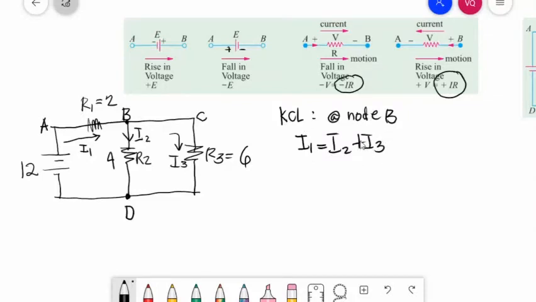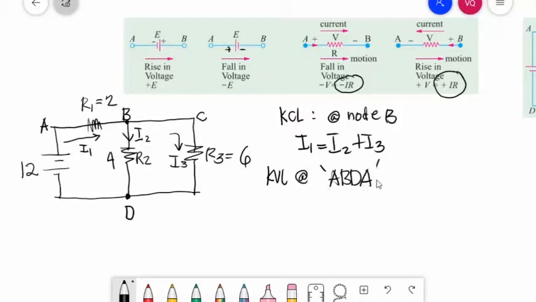So that's it. Next, we are ready to formulate our KVL equations. The first loop: since we start at A, we also stop at A. So let's take this closed loop, A, B, D, and A. This is a closed loop.